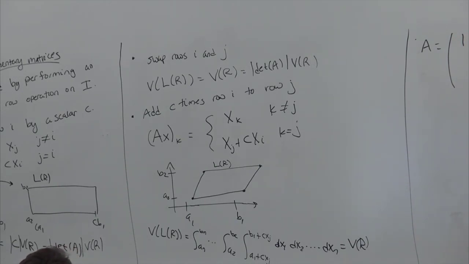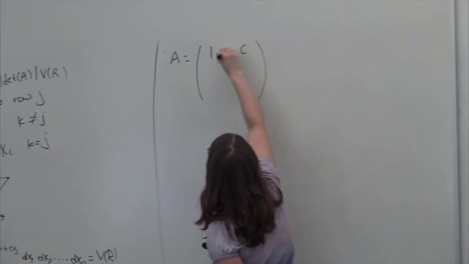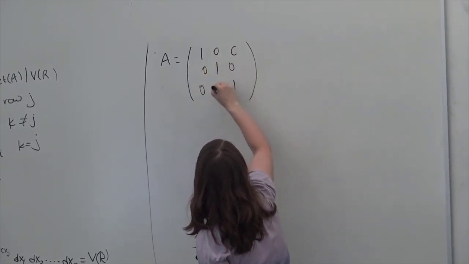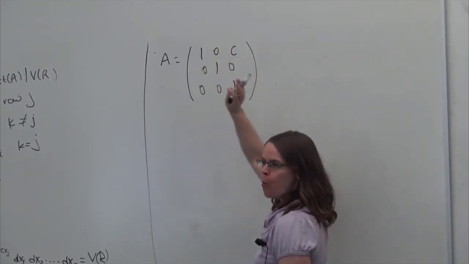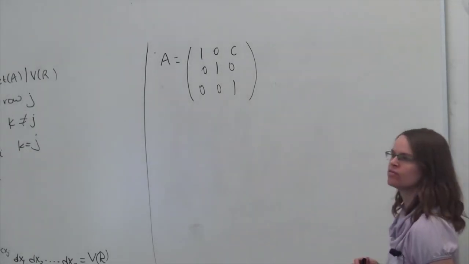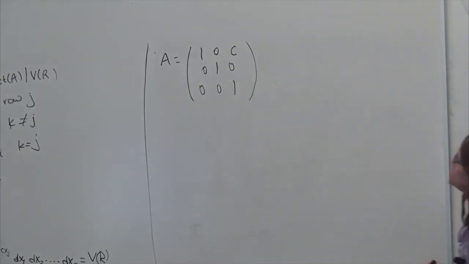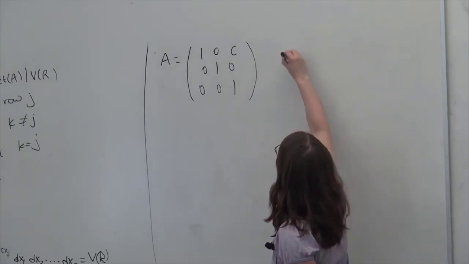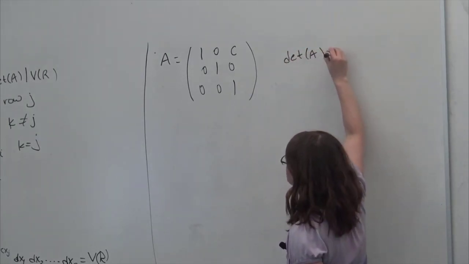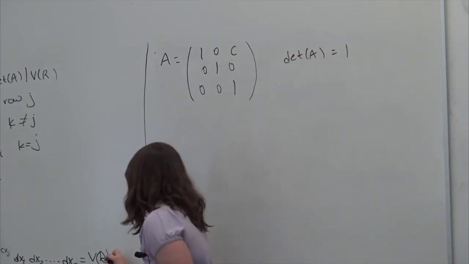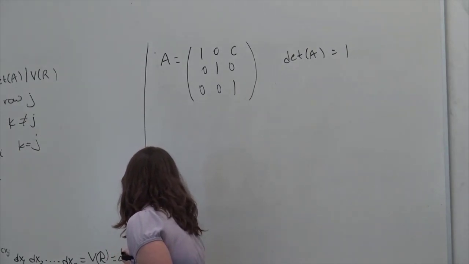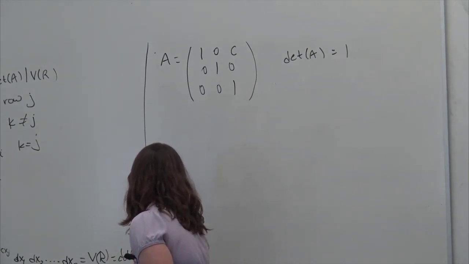To one of these rows, I added c times something else. So one of these zeros gets changed to a c. Everything else stays the same. Let's just pick that one. Everything else stays 0. So what do I have? 1s on the diagonal. One other element is a c. Everything else is a 0. What is the determinant of this? It's still 1. So once again, this is the determinant of A times V of R.